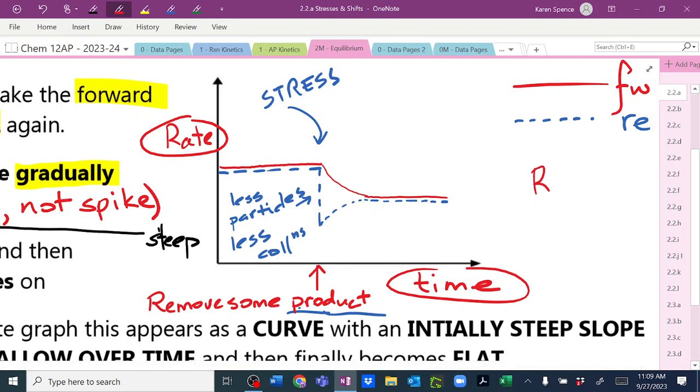Okay, so here we have our initial equilibrium. Then we have our stress. And then in here, what's happening in this yellow portion? This yellow portion is the shift.